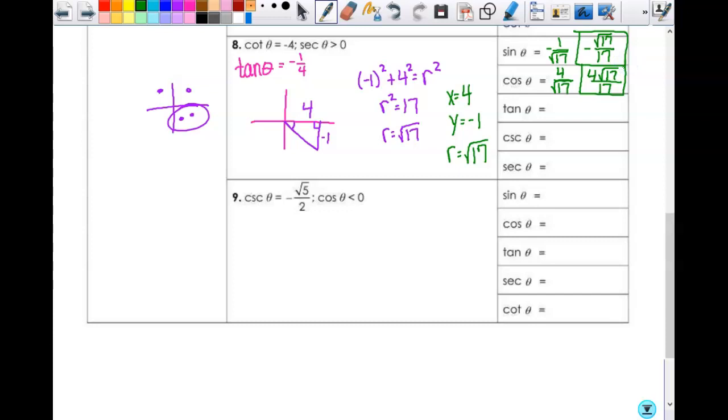Tangent is -1/4. Cosecant goes with sine, so this is negative square root of 17. And secant goes with cosine, so this is square root of 17 over 4.